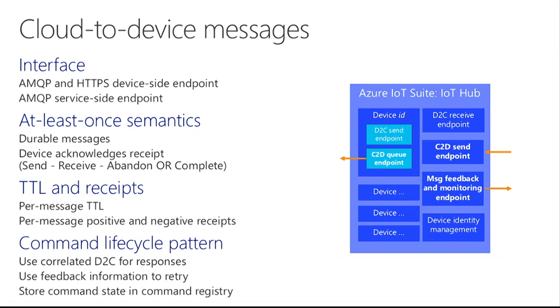Also, you will receive feedback regarding the successful completion or expiration of the command, which allows you to retry the commands if that makes sense for your business logic. Finally, it's usually common to store the command state in a command registry. That allows you to keep track of exactly what happened to each command and what the state of each one is.